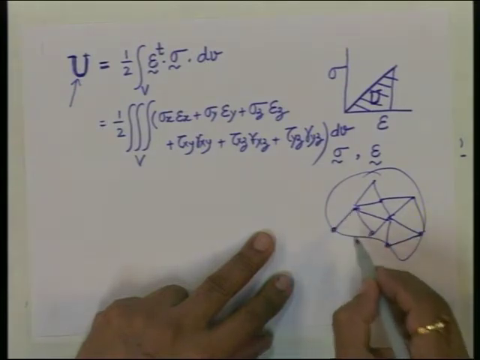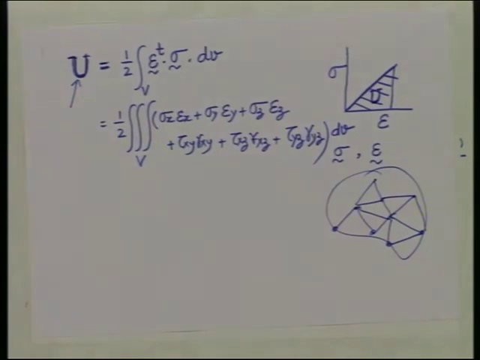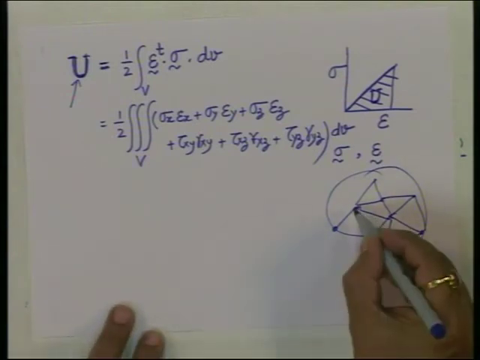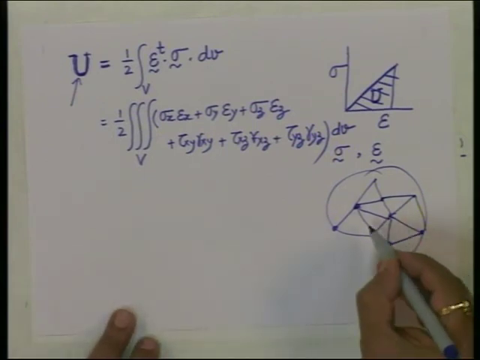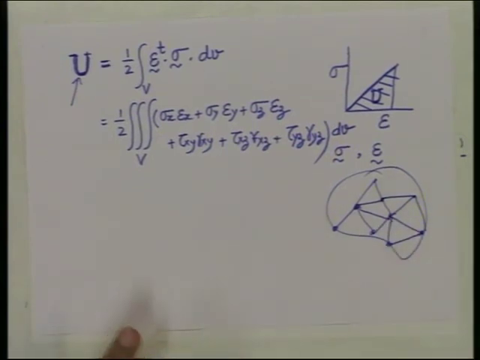So, we are taking the entire body as an assemblage of smaller elements, and the points of interconnection are the nodes. At the nodes they are all meeting, and this element is incidental, it can be any shape and size, whichever is convenient to you.